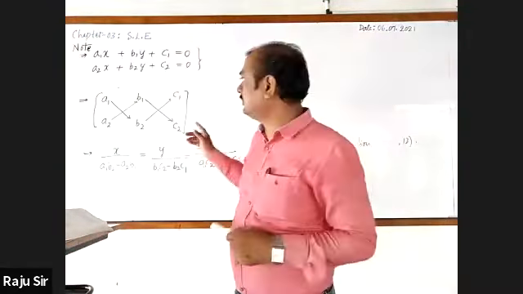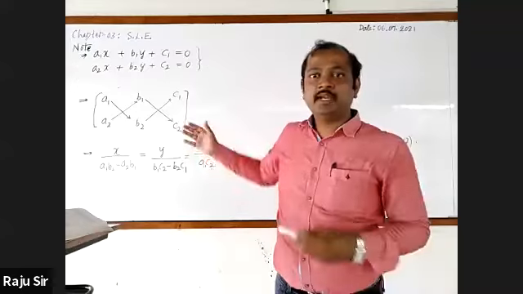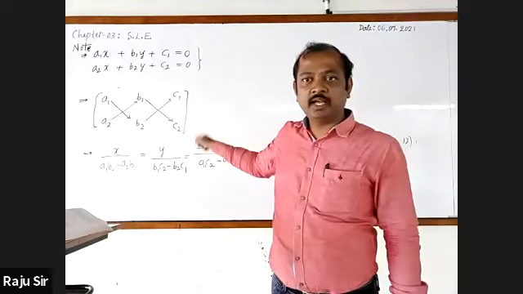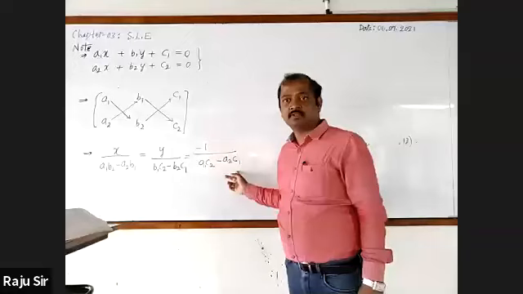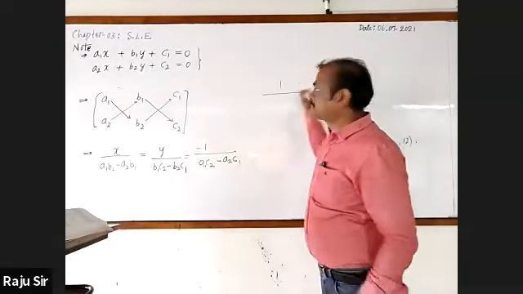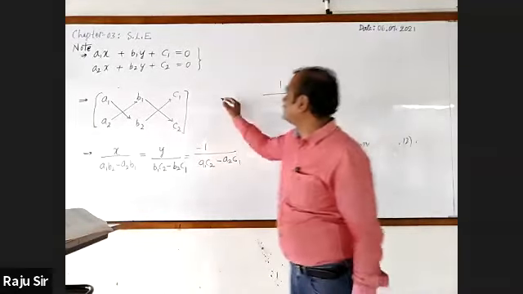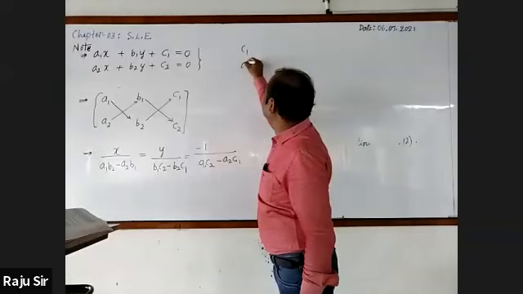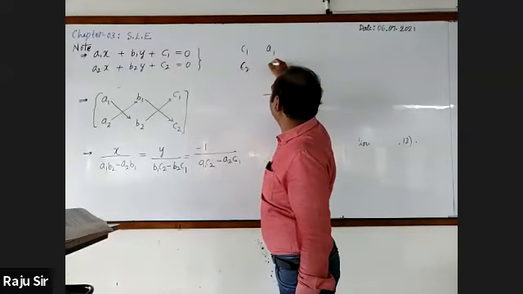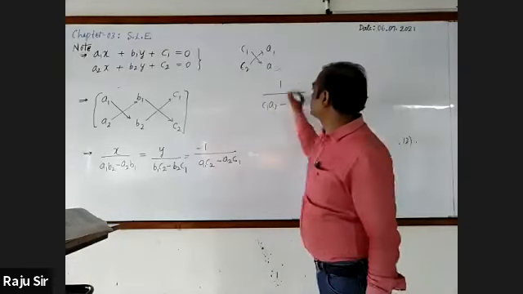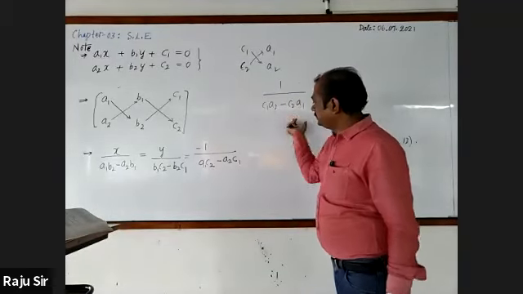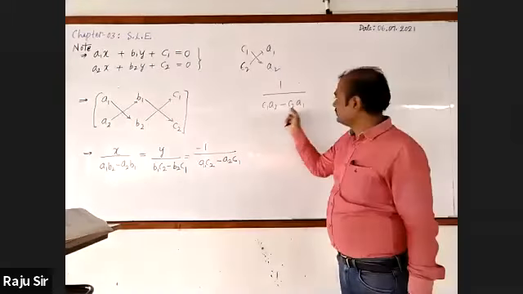Sir, why we took that minus 1 as constant? I told you only why this minus sign came. The terms are interchanged. See, I told you C1 C2 then A1 A2, in this order we go, C1 A2 minus C2 A1, and this has been interchanged.